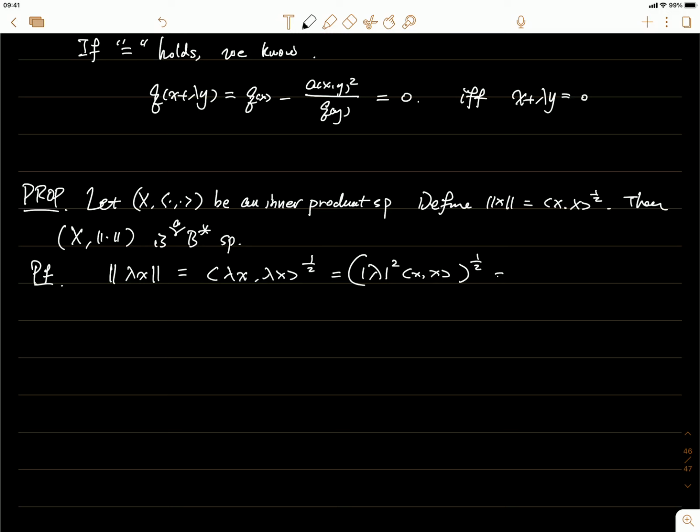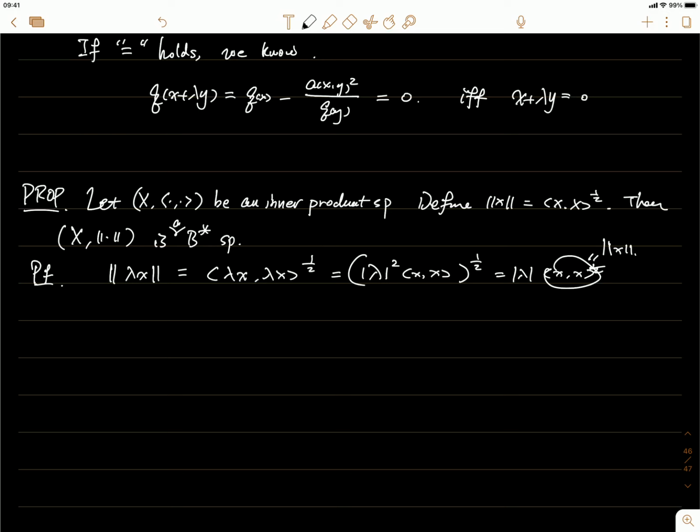I take the root, so that's why this is just |λ| times ‖x‖, and this thing here is the norm. So it's indeed homogeneous.